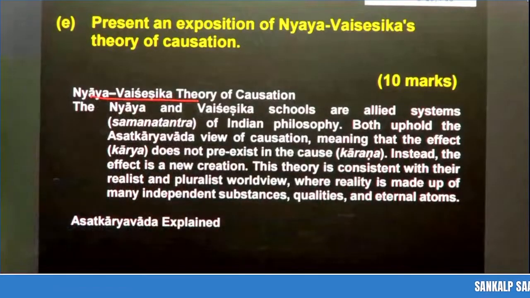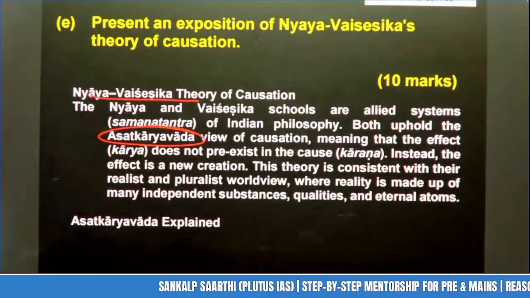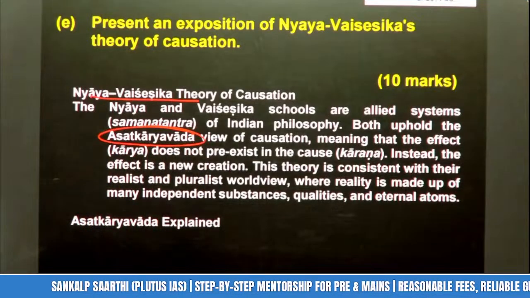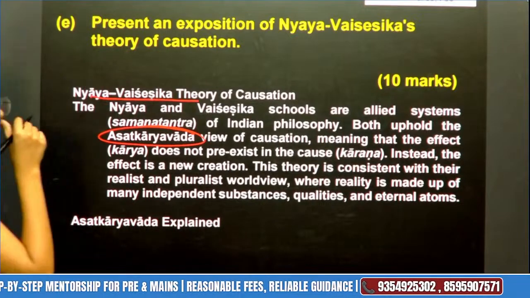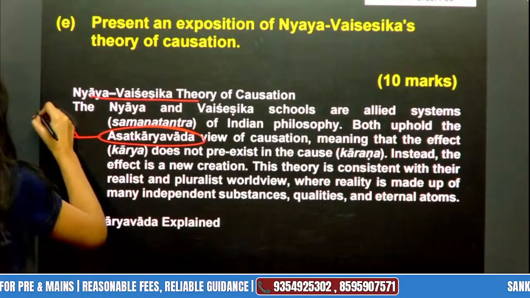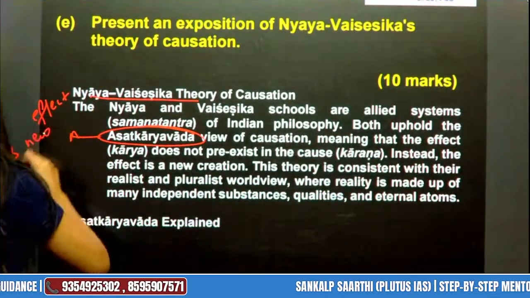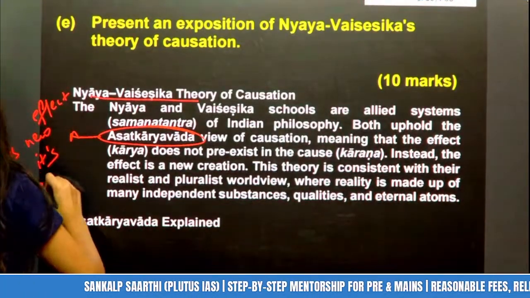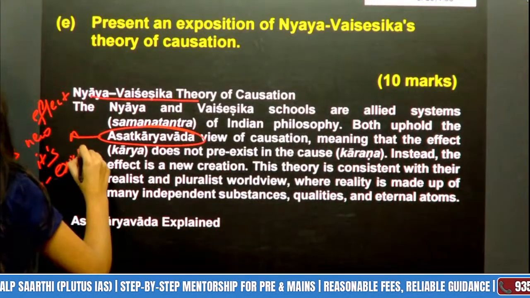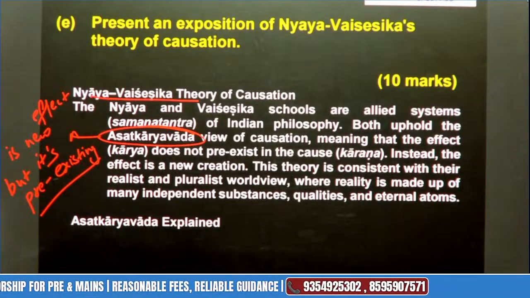Nyaya and Vaisheshika schools are allied systems of Indian philosophy. Both uphold the Asatkaryavada. Now, what is Asatkaryavada? That the effect is existing, right?